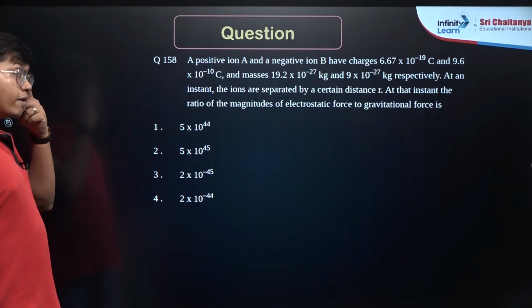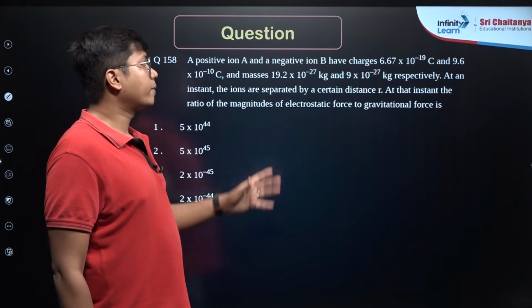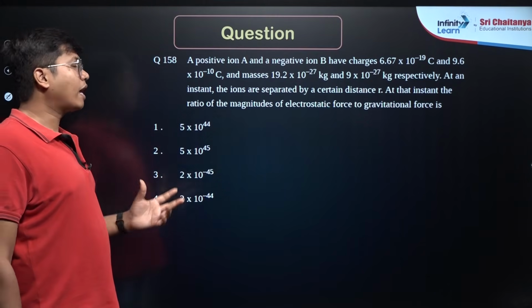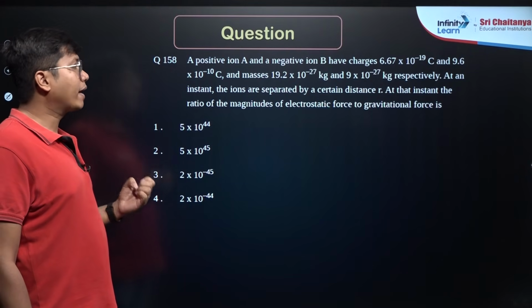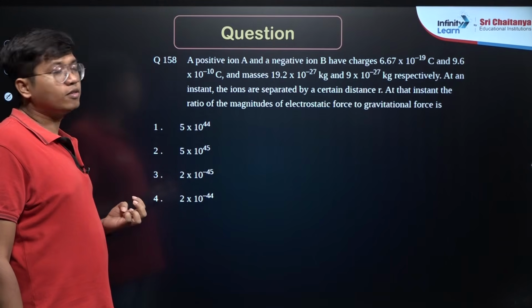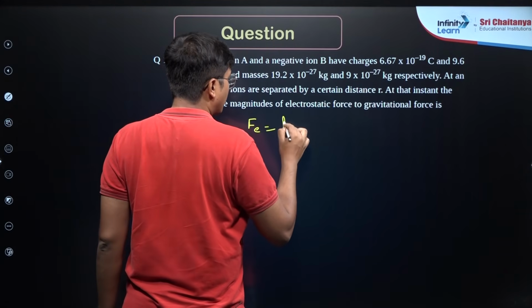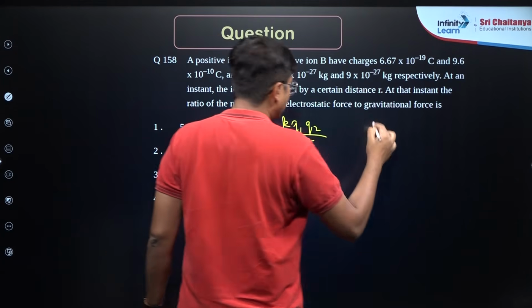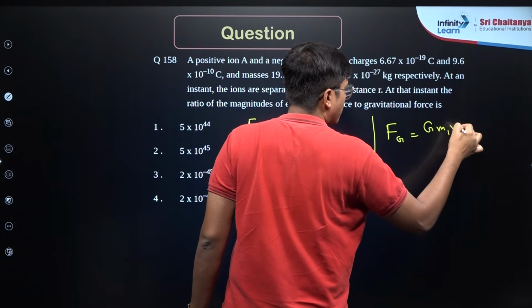This one is a positive ion A and a negative ion B, with charges given to you as 6.67 into 10 to the minus 19 and 9.6. Masses are given respectively. At an instant, ions are separated by a distance r. At what distance the ratio of the magnitude of the electrostatic force to gravitational force is how much? So we know electrostatic force is kq1q2 by r square, whereas the gravitational one is Gm1m2 by r square.